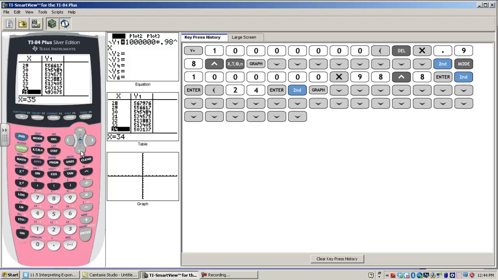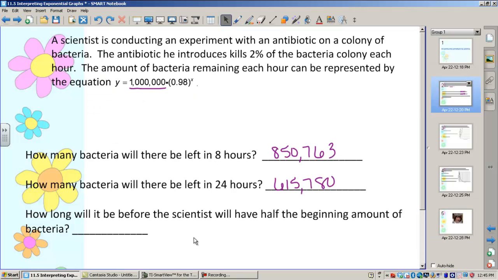So there we are, right here. At 34, I have about 503,000 bacteria left, but after 35 hours, I have 493,000. So then I have less. If you read the question one more time, it says, before the scientist will have half the beginning amount of bacteria. Well, at 34 it's not half.